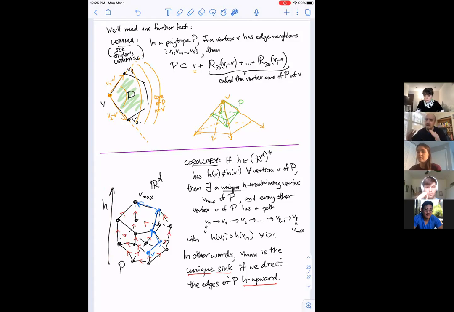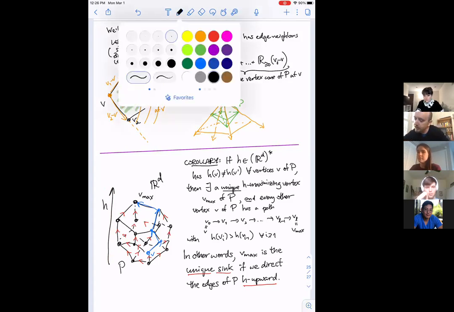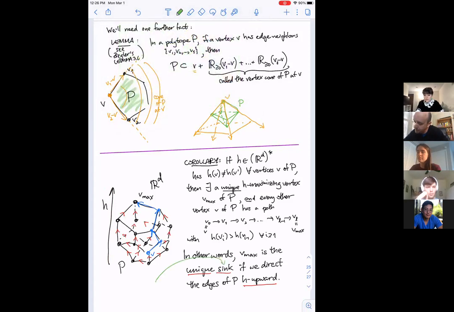A sink, in a directed graph, means a vertex that has no edges directed out of it. All of the edges are directed in. Let me emphasize what that definition is: all edges directed inward, none out of it. So its out-degree is 0, its in-degree is positive though.